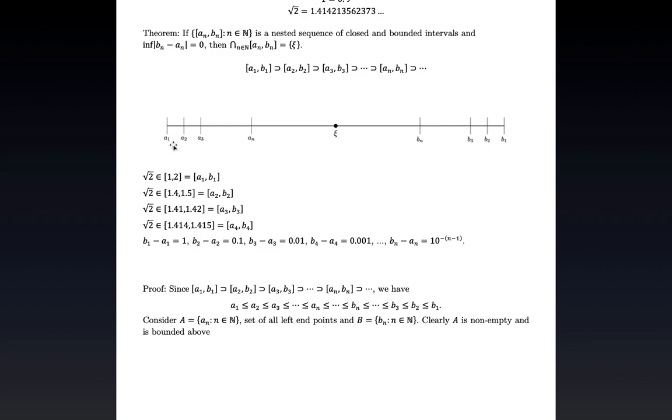So A, the set of all left endpoints, is bounded above by any of these B's over here. So I'll choose, say, B1. So clearly A is non-empty and bounded above by B1. Then by the completeness property, the supremum of A exists.